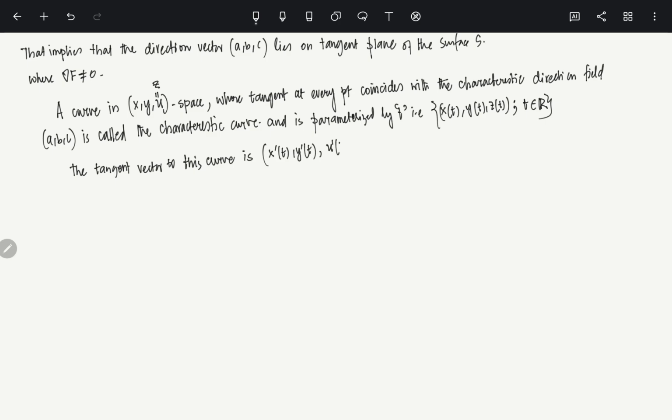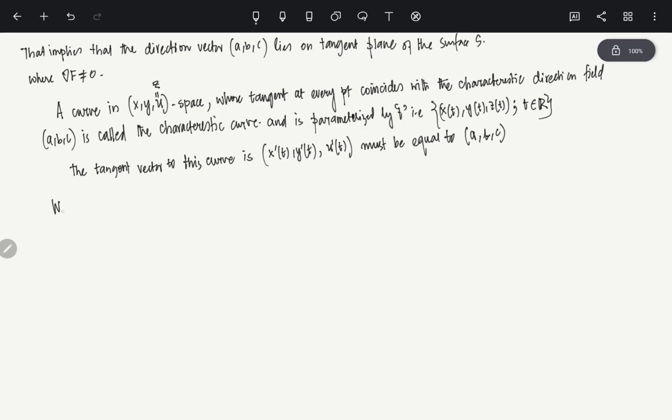Of course, u is a function of x and y, and this must be equal to A, B and C, as I have told you. Clear?